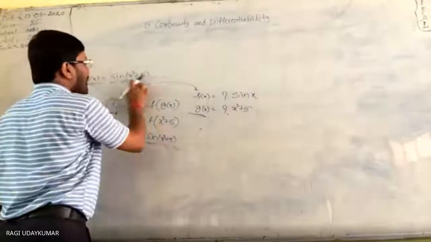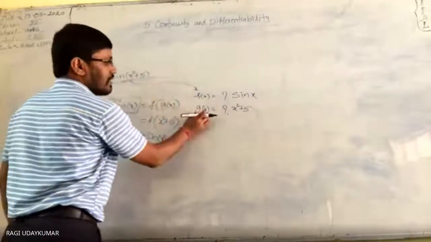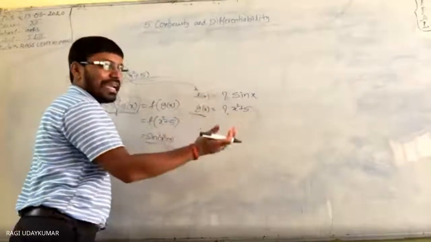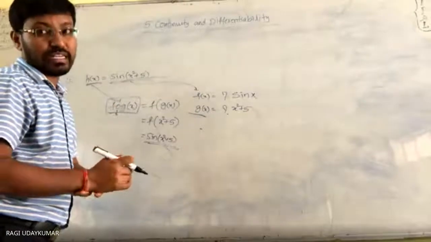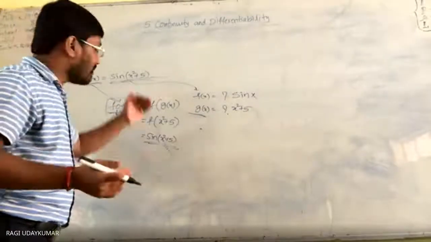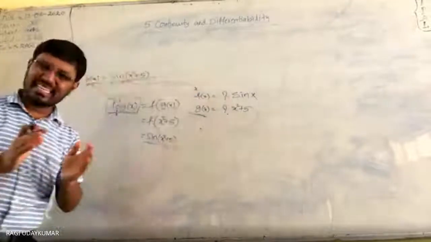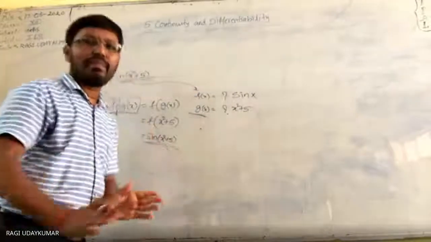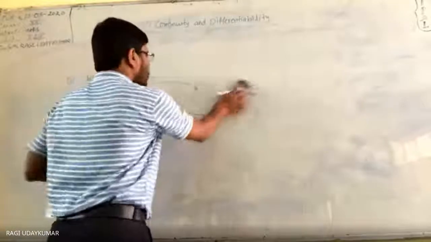So being sin, this completely will become sin t. And here g of x will be taken as t. Then we have to do this with respect to t. Whenever you use the composite function, the easiest way is to do the derivative of this function. This is a question I have given to you.